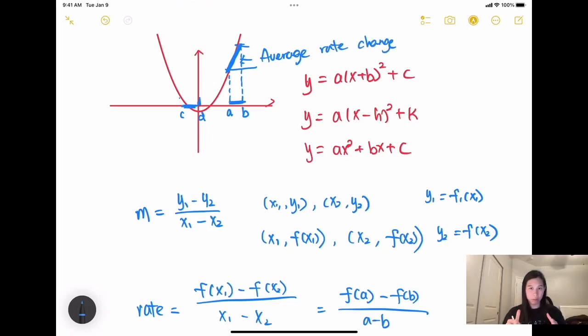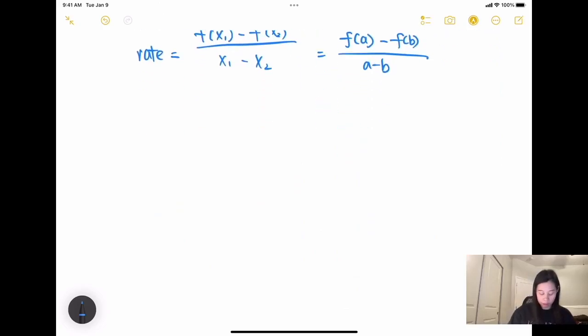So what's the difference? Well, let's draw another graph, and I can draw a bigger graph so you can see it more clearly.